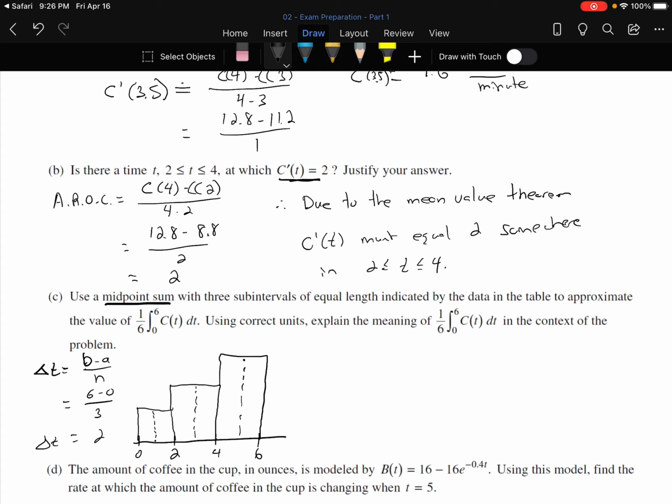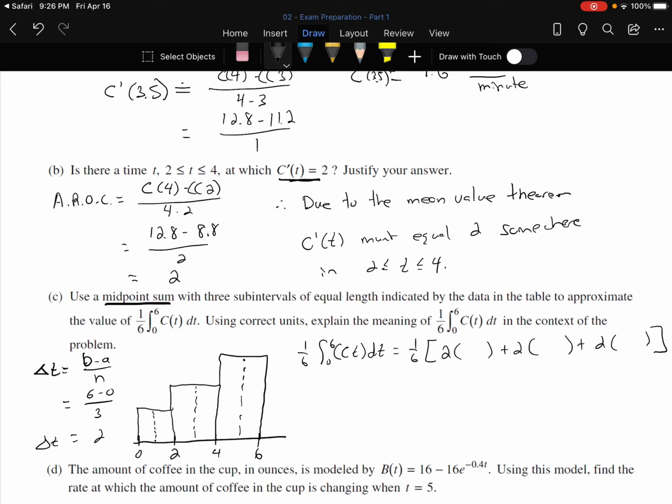So what I'm saying is, okay, to find 1/6 times the integral from 0 to 6 of c at t dt, here's the actual integral inside. Each of those rectangles is 2 wide, so it's width 2 times the height, and then plus another width 2 times the height, plus another width 2 times the height.